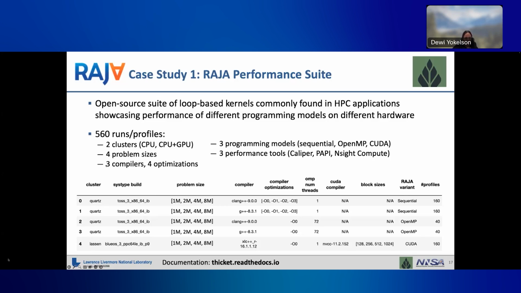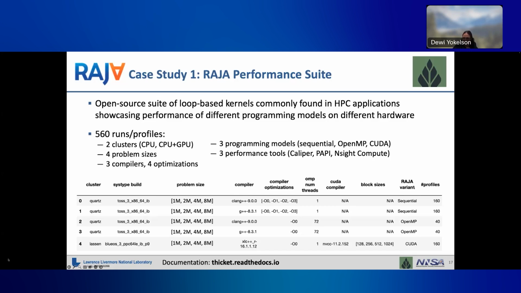And then we had 3 different compilers we used, as well as 4 different optimization flags. You can see here, Clang, G++, and the O1, O2 compiler flags. We ran these with 3 different programming models: the sequential baseline, OpenMP, and CUDA.